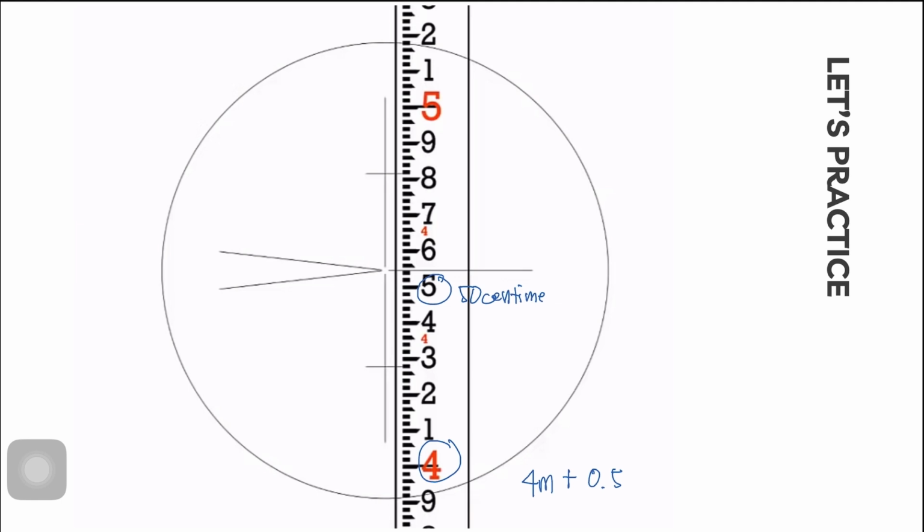Then the horizontal crosshair cuts at the top line. So this means that it is an even number. So 2, 4, plus 0.04 meters, or equivalent to 4.54 meters.